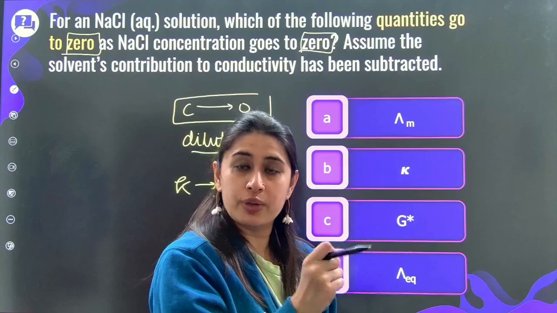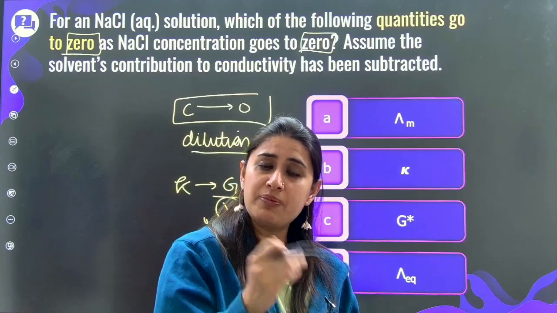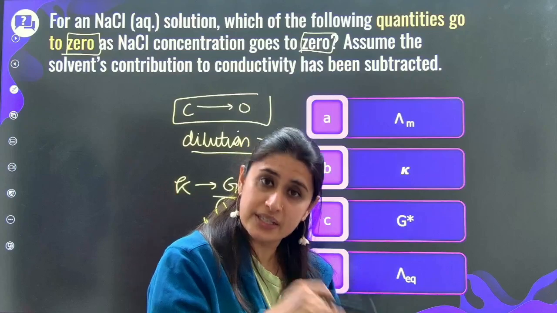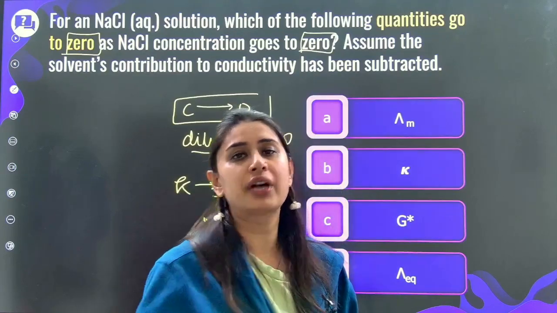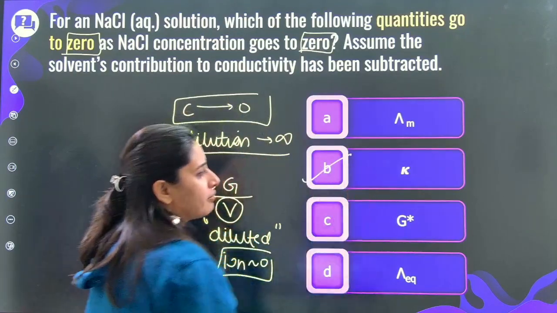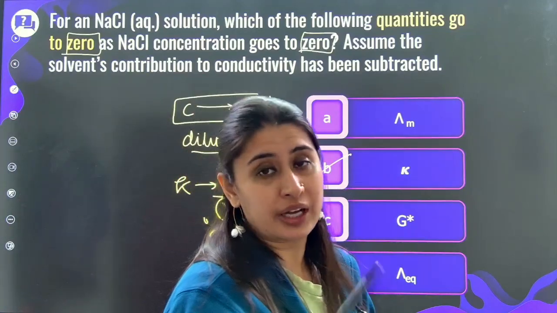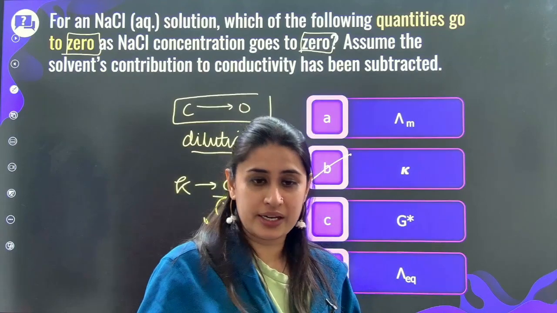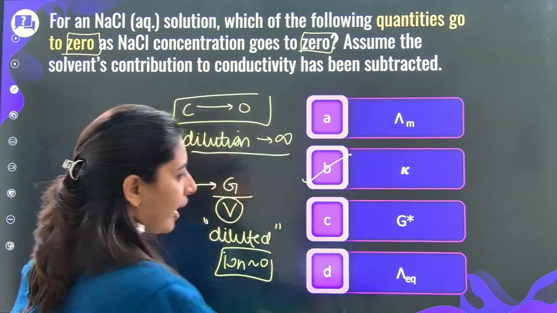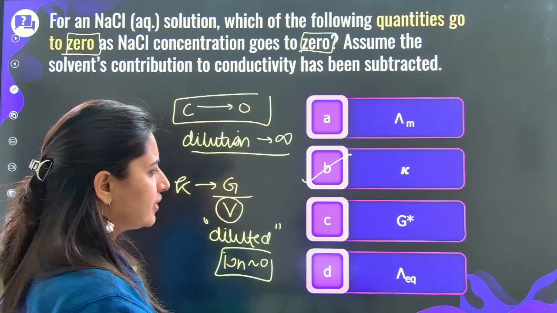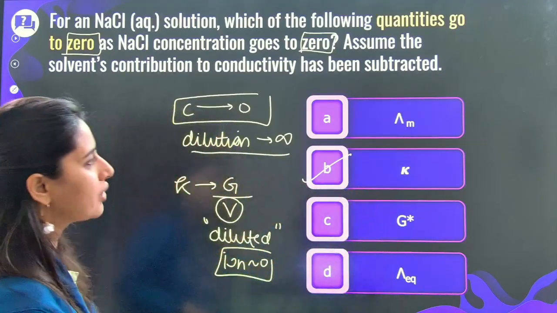In a particular volume, as we kept increasing the dilution, kappa was decreasing. It will become zero at infinite dilution. So B can be the best answer here. Whereas lambda m is going to become lambda naught m at infinite dilution. So neither lambda equivalent nor lambda m, and of course not G star. So B becomes the answer to this question.